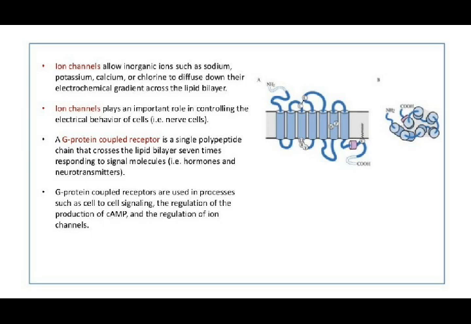G protein coupled receptor is a single polypeptide chain that crosses the lipid bilayer 7 times, responding to signal molecules, hormones and neurotransmitters. G protein coupled receptors are used in processes such as cell to cell signaling, the regulation of production of cAMP, and regulation of ion channels.